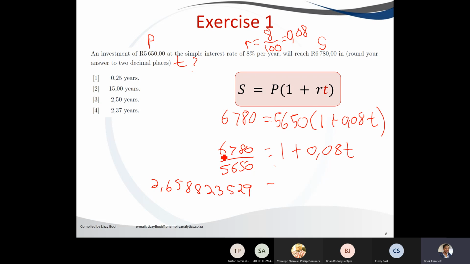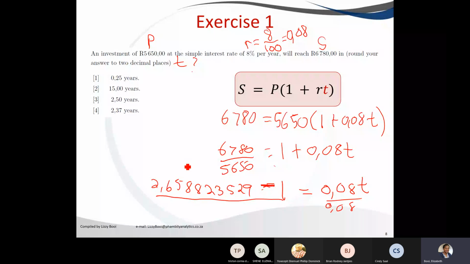And I need to take the 1 to the other side, so I subtract 1, because the 1 has an addition, and I will be left with 0.08T. Then I divide this side by 0.08, and I also divide the other side by 0.08, so T is left on its own. On this side I have 2.61111 minus 1, divided by 0.08, and the answer will be 20 point.